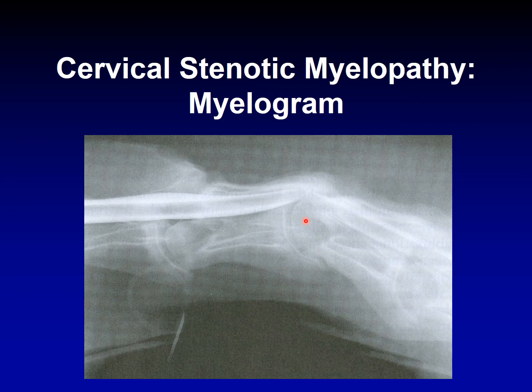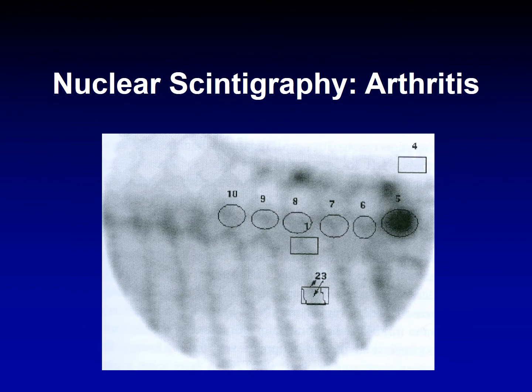Okay. The last technique that I mentioned is scintigraphy, and this is an image of a scintigraphy case that shows arthritis. The way this technique works is you inject radioactive iodine 125, a radioisotope, and then the areas with inflammation will have high uptake, we call it.